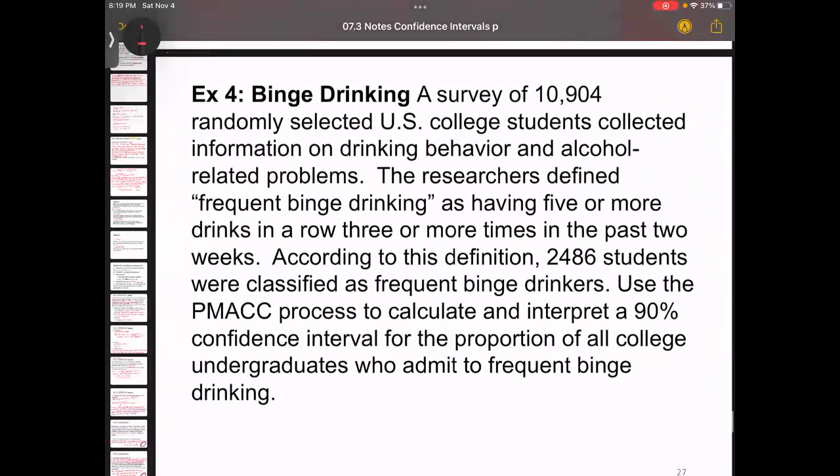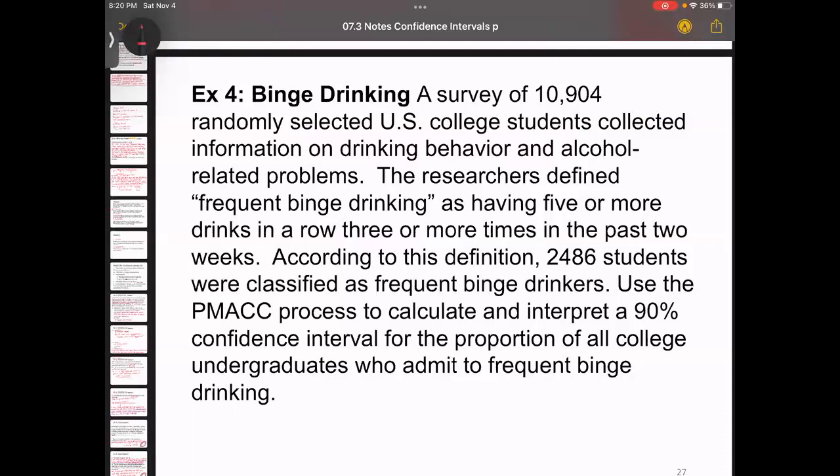Okay, last example, and then we'll be done. Binge drinking. A survey of 10,904 randomly selected US college students collected information on drinking behavior and alcohol-related problems. The researchers defined, quote unquote, frequent binge drinking as having 5 or more drinks in a row 3 or more times in the past 2 weeks.